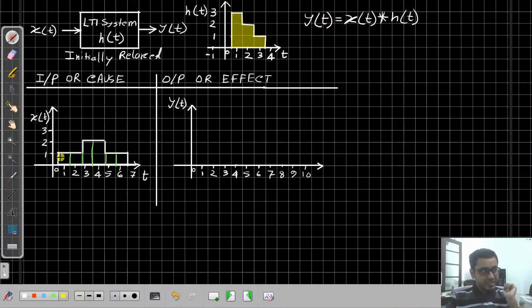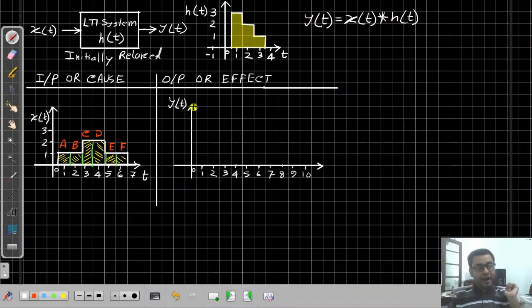So this is one slice, this is another slice, another, this is one, this is another, and so on. Let me call these individual slices A, B, C, D, E, and F.